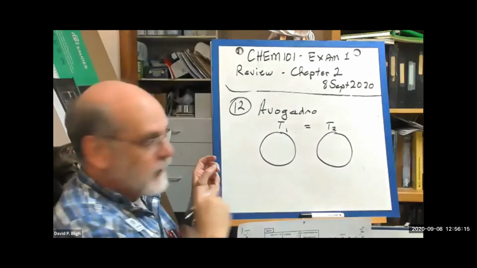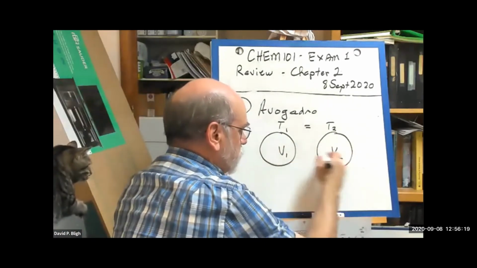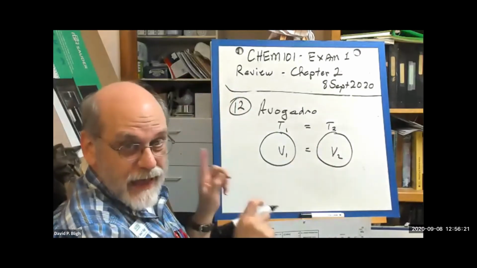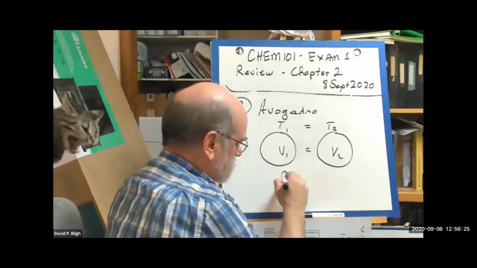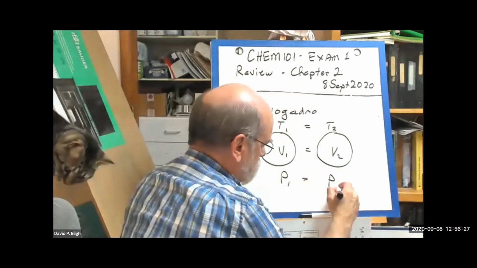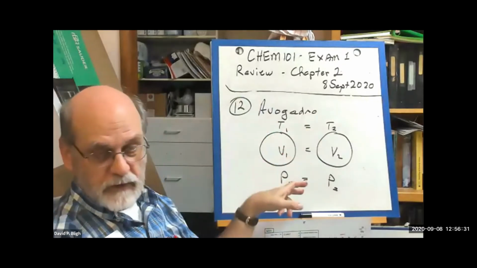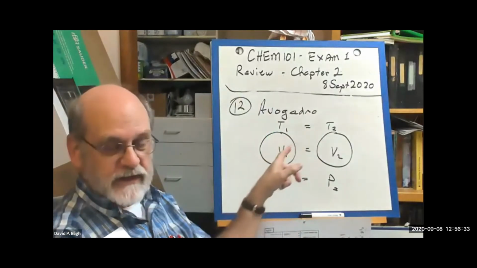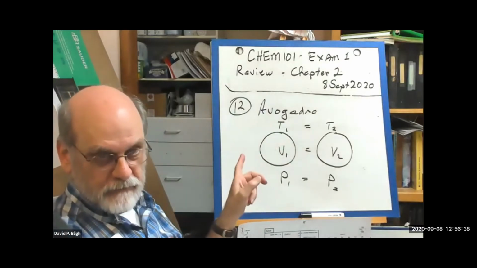Okay, they're the same volumes, and they're the same internal pressure in the container. If all those conditions are true, then each one of these containers contains exactly the same number of particles.